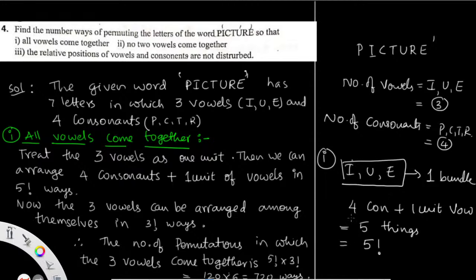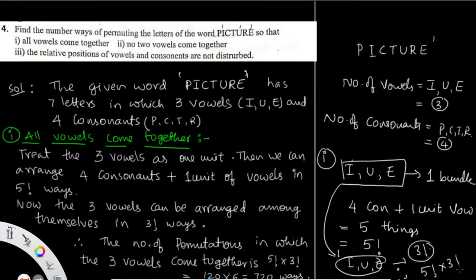That means the three vowels can be arranged among themselves in 3 factorial ways. So the total arrangements are 5 factorial times 3 factorial. 5 factorial is 120 and 3 factorial is 6, which gives 720 ways.